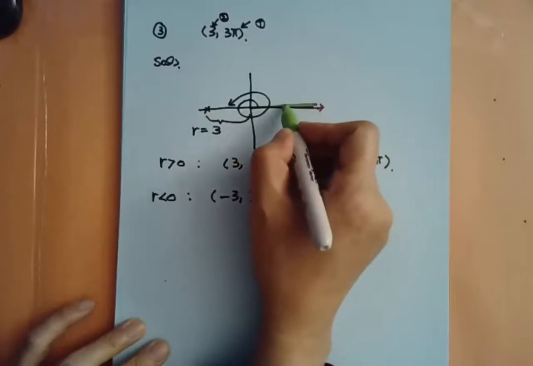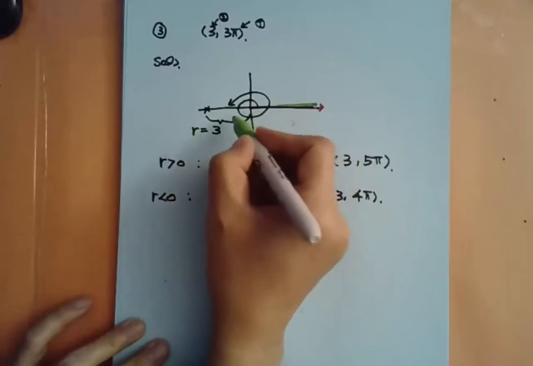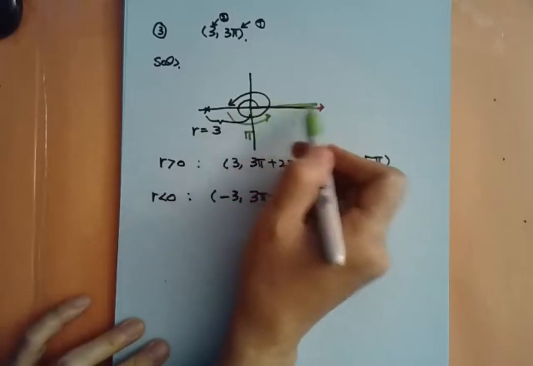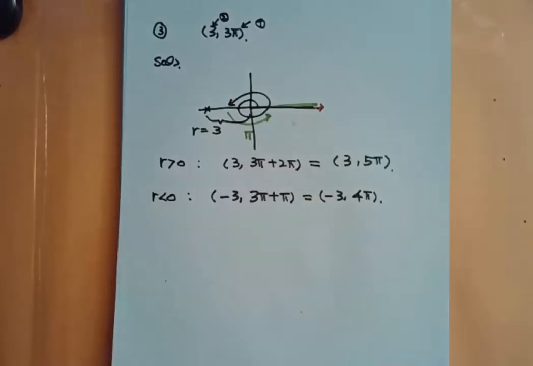And then we go opposite to get this point, right? Okay. Yeah, and so we add pi, or just visually, definitely that is a multiple of 2 pi, right? Any other question?